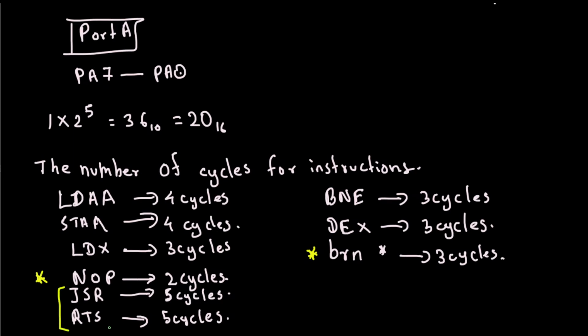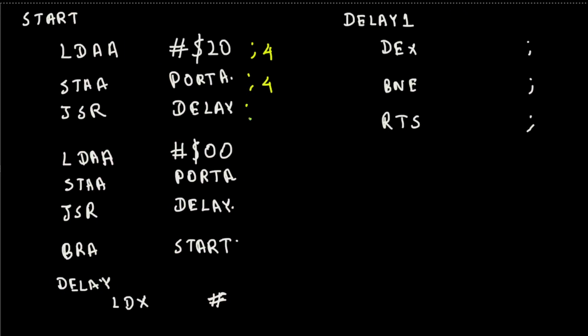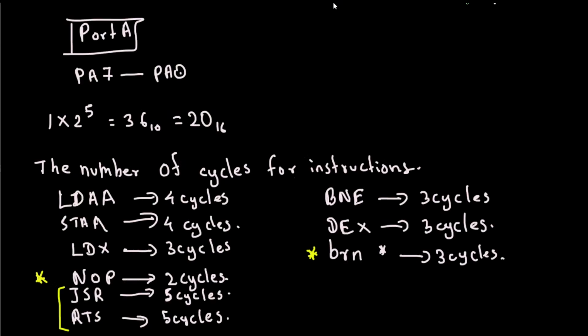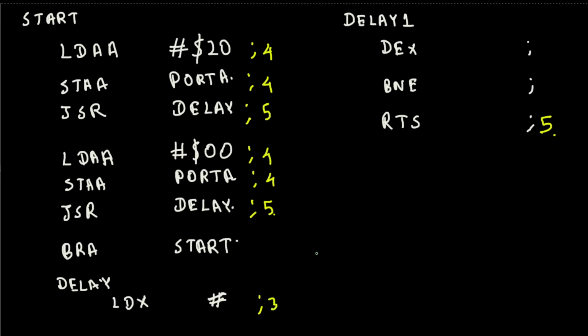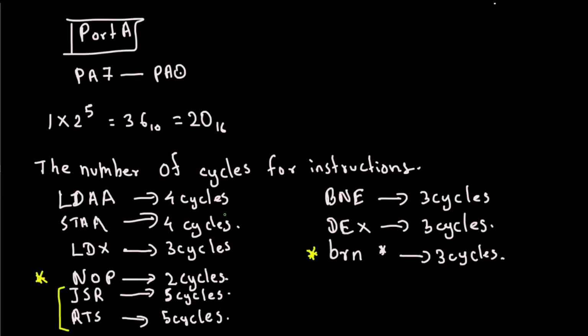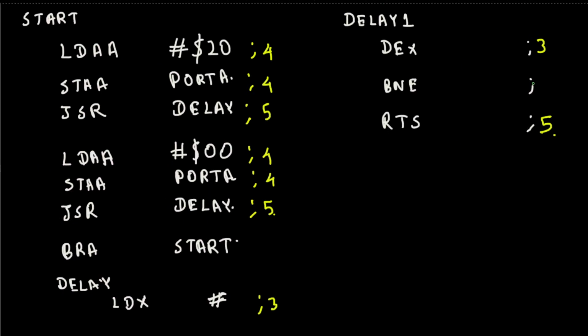So this one takes 5, and this one also takes 5, and here again 4, 4, 5, and then this one doesn't require cycles, and this one LDX takes 3 cycles, and this one 3 cycles, DEX. Okay, and then BNE takes 3 cycles.